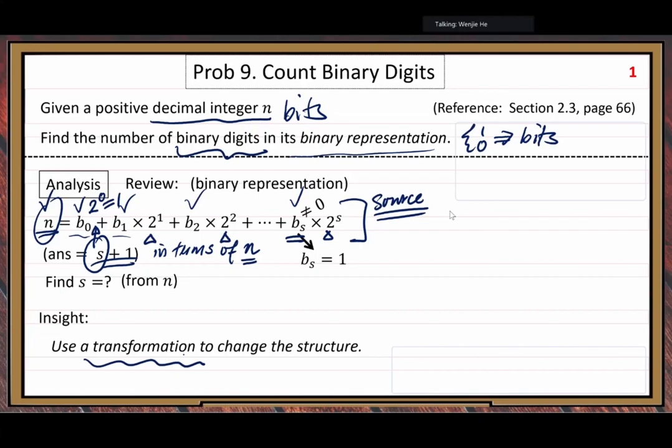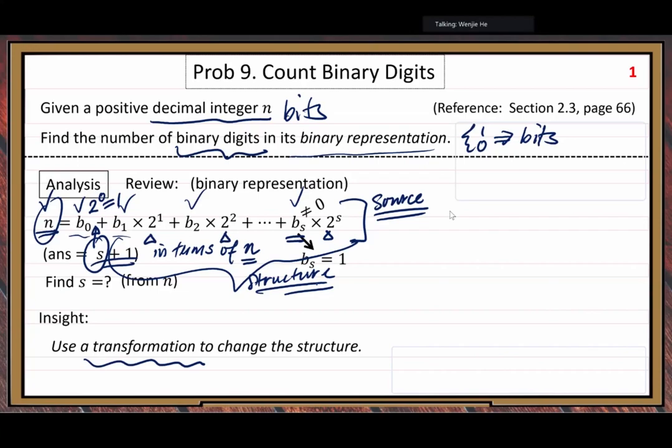What kind of manipulation? The manipulation you want to do is based on the structure. What is the structure here? Look at the typical structure in the given expression. You can see a lot of power of 2 expressions.